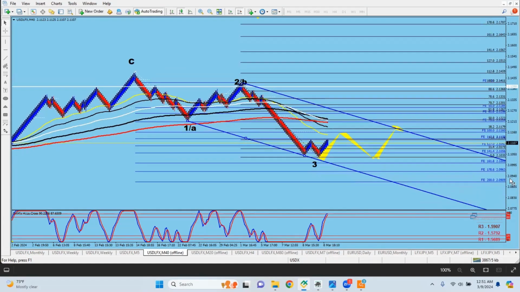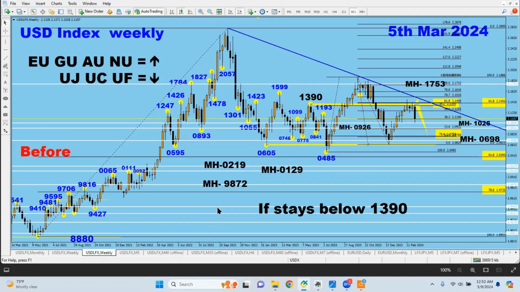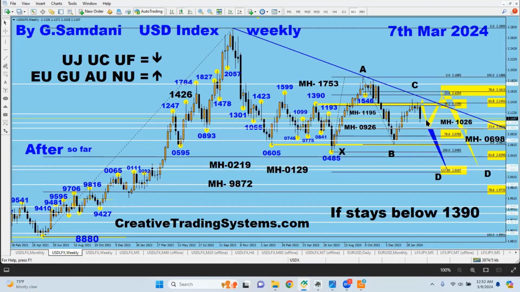Now, if this wave 5 comes here somewhere, I have here 09. Let me go back. What was the number? 0926, right? So whatever is happening inside a 40-minute chart, by the time we get there to 0926, like this chart is saying, see this target here at 0926, right?